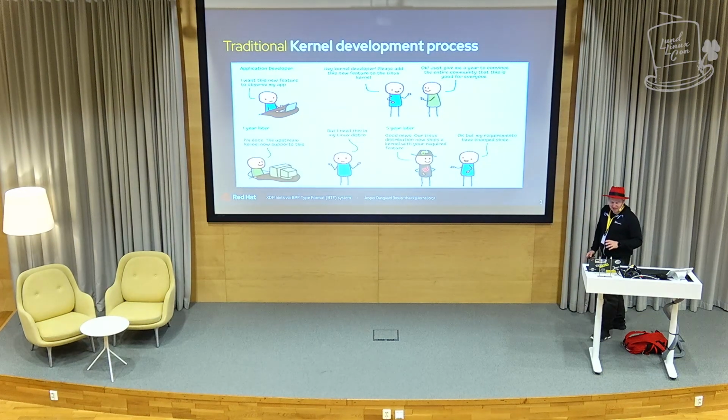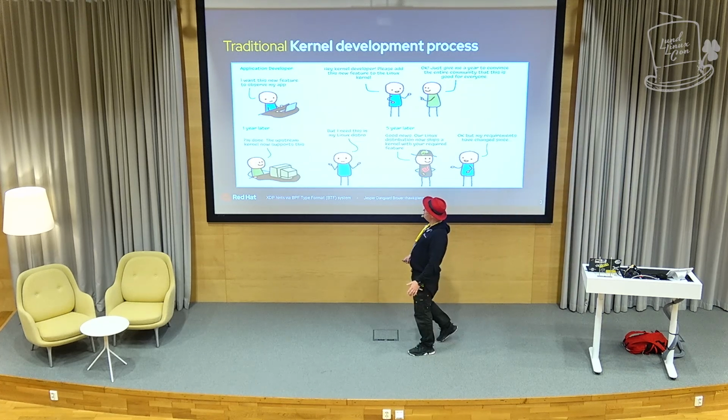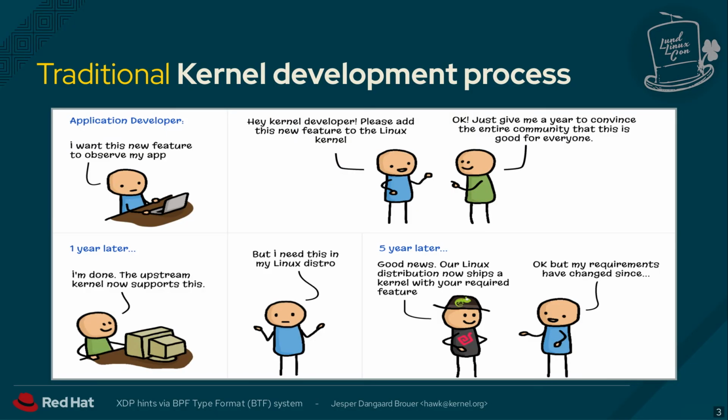So this is, as always, good with cartoons, right? We have our application developer up here, who wants a new feature that requires some kernel change. So he goes to his friendly kernel developers. They're always friendly, right? Please add this new feature to the kernel. And he goes, yeah, sure. Give me a year to convince the entire community that this is good for everyone, right? That shouldn't be a problem, right? He actually completes 1 year later. I'm done.